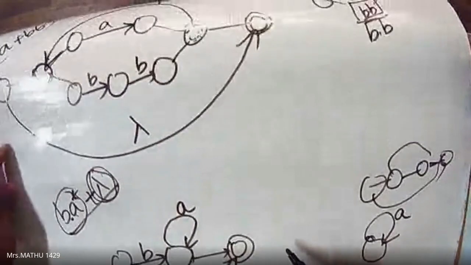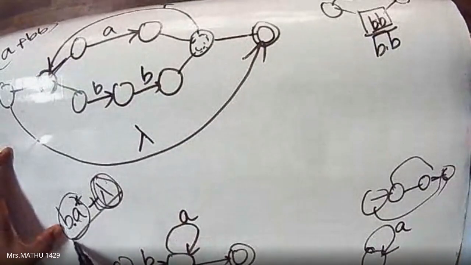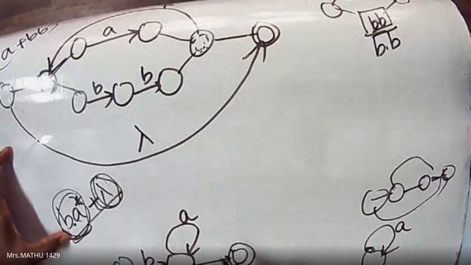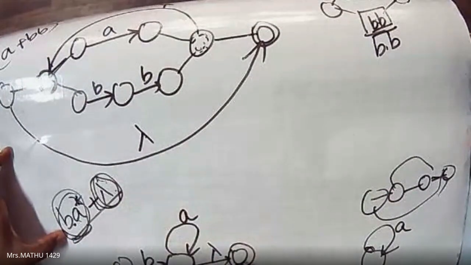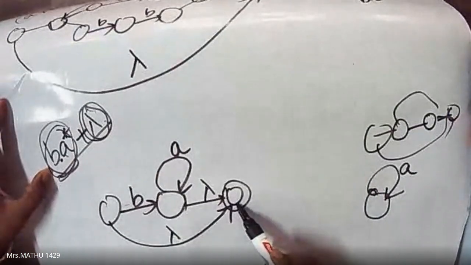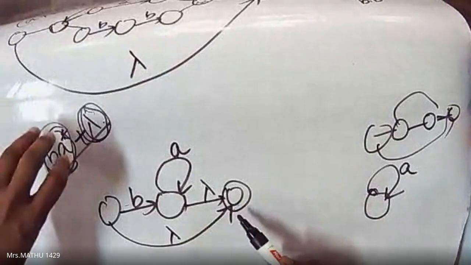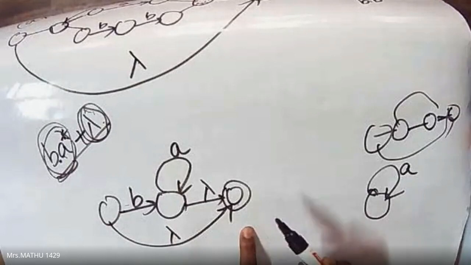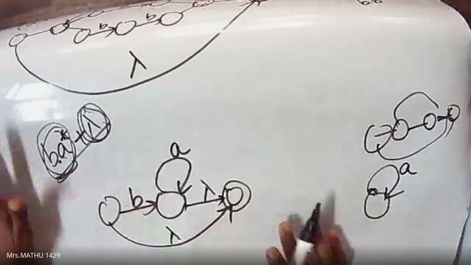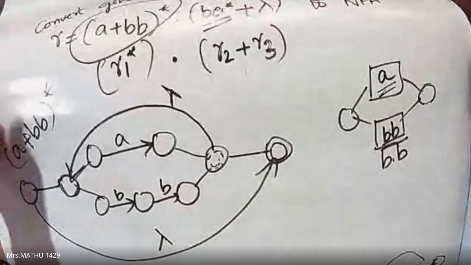Either by reading BA star you can move to the final state, or directly by reading a lambda you can go to the final state. So that is BA star or lambda. Now this is the second part of the regular expression that is given.